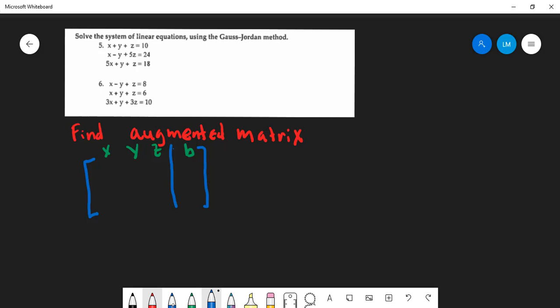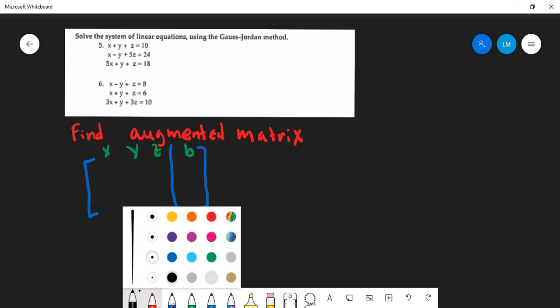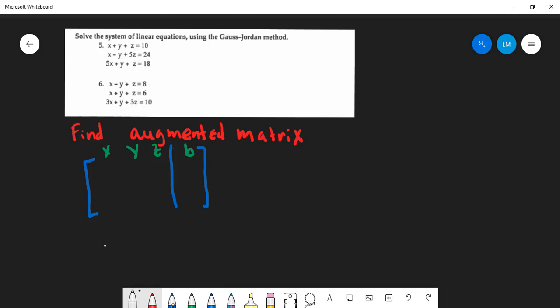Now I need to write out the coefficients of my matrix. So for the first augmented matrix, we're going to have 1, 1, 1, and we have 10, followed by 1, -1, 5, and 24.